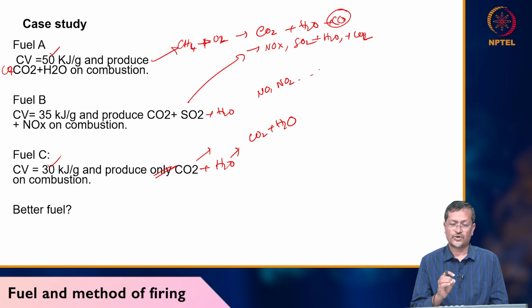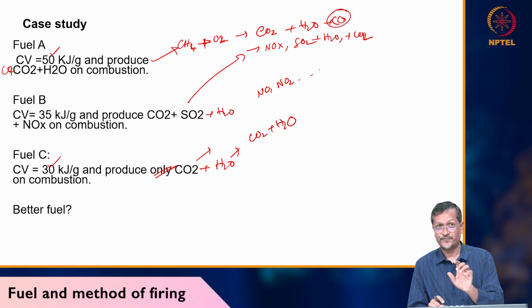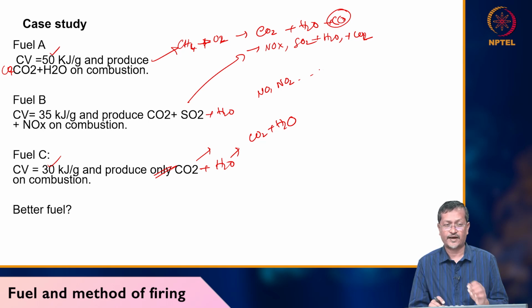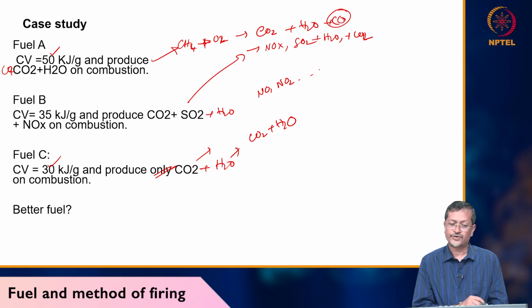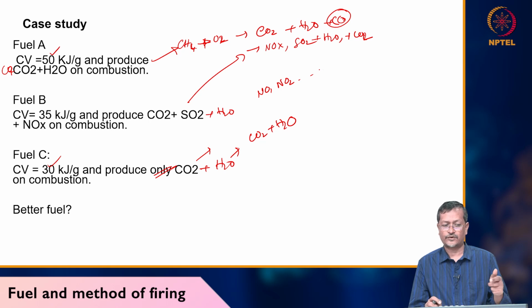That is also not good for your environment. So fuel B is also harmful. So I will not take fuel A or fuel B. I will take fuel C because it is giving only carbon dioxide and water. Okay. So in the boiler case also, your target will be to produce carbon dioxide and to minimize SO2 or NOx production.